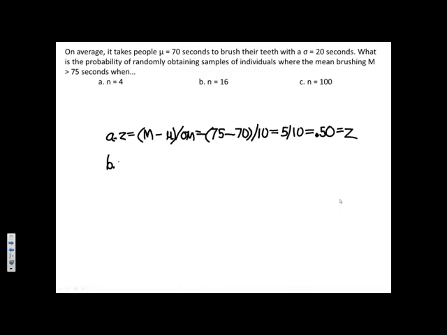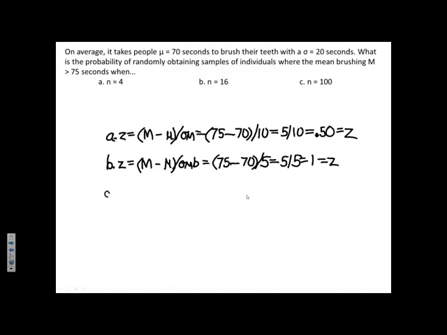Group B, same formula. Z is the sample mean minus the population mean divided by the standard error. Only now the sample mean is 75 and the population is still 70, but the standard error that we calculated before was 5. This becomes 5 divided by 5. 1 is the z-score for a mean brushing time of 75 in this population when our sample size is 16.